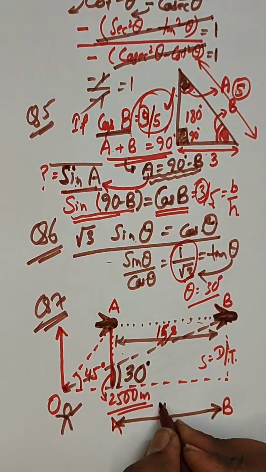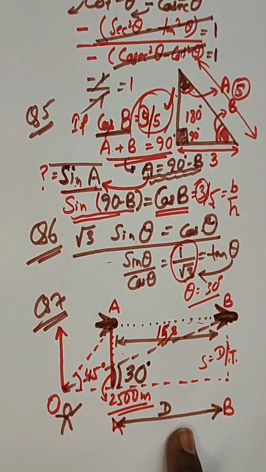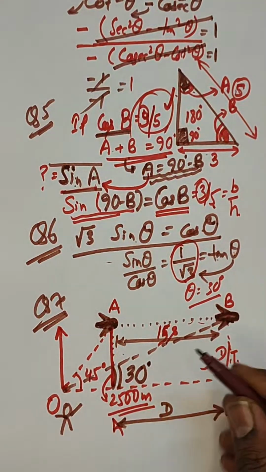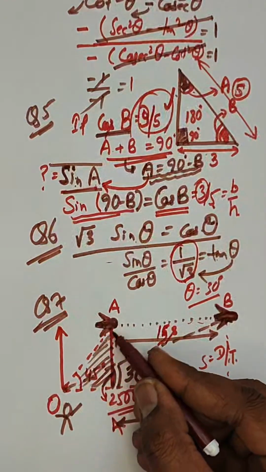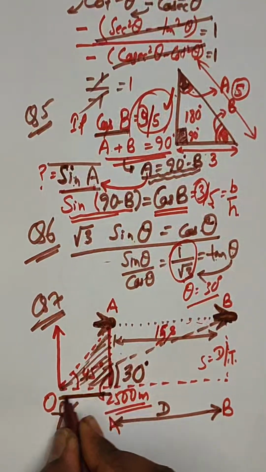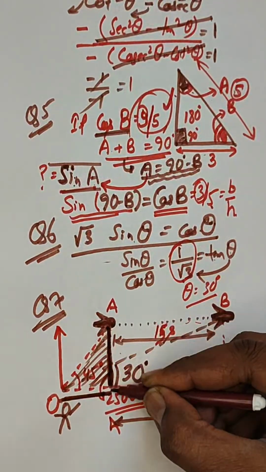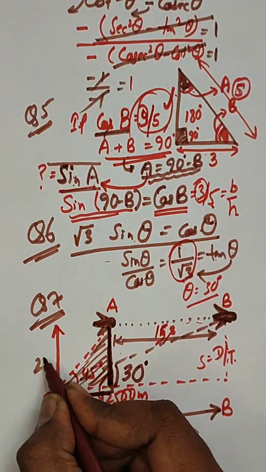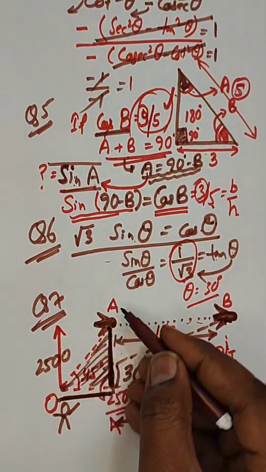This will be your distance, right? So this distance can be evaluated. How? Just take this right angle triangle, the first one, with angle 45. You calculate this length, because you know one of the sides of this triangle. This is 2500 meter, which is the height.